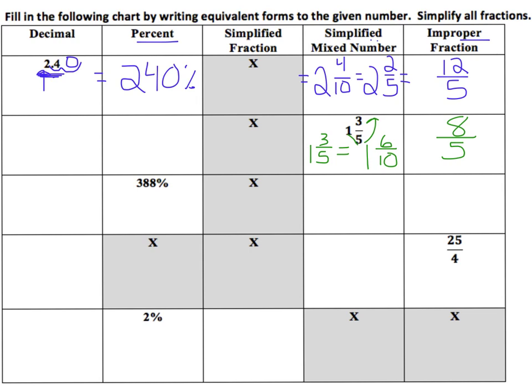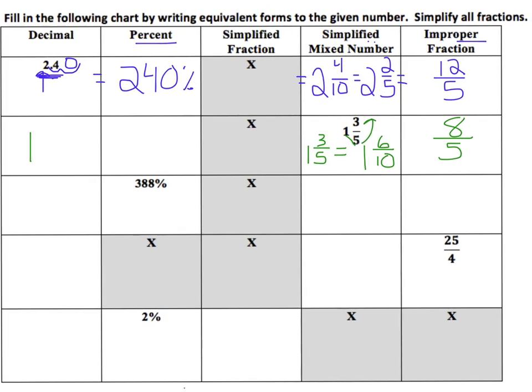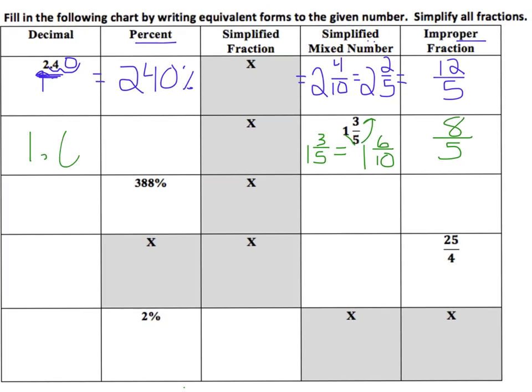So 6/10 is easy to write as a decimal. That turns into 1.6. Once I have the decimal, if I move the decimal to the right twice, add a 0, 160%. 160%, 1.6, 1 3/5, 8/5. All the same number, all equivalent.